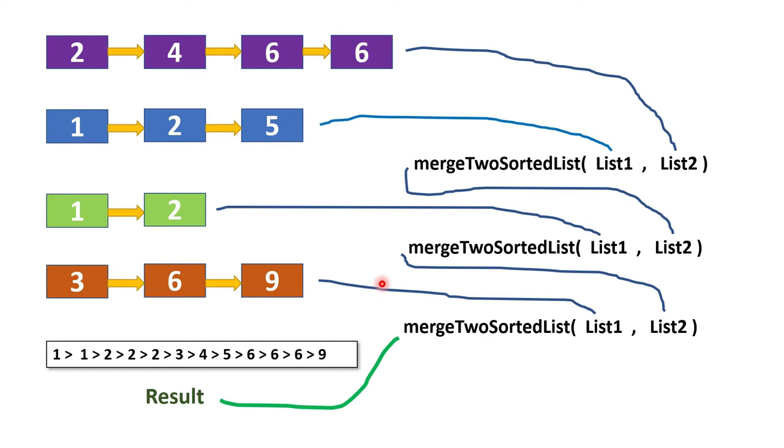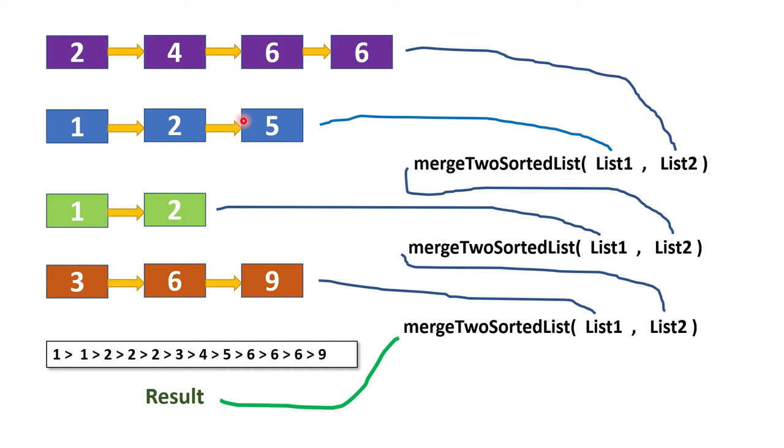Now the question is how much time it is taking, if we want to discuss the time complexity part. This merge two sorted list will take O(n) time to merge and sort two linked lists. Here n means the total number of nodes between these two. So 1, 2, 3, 4, 5, 6, 7, right?